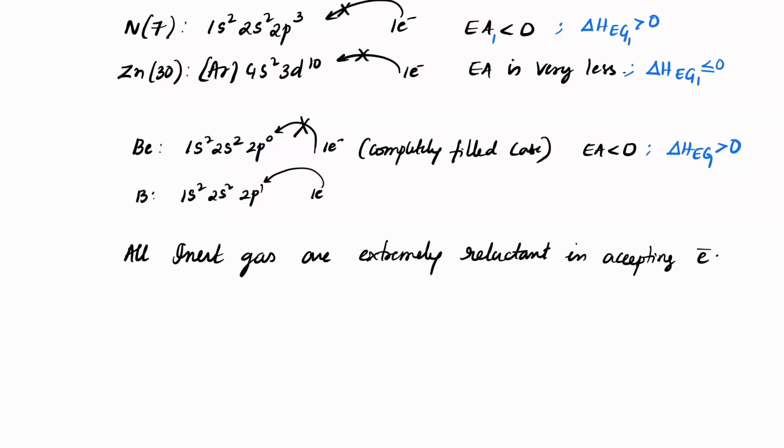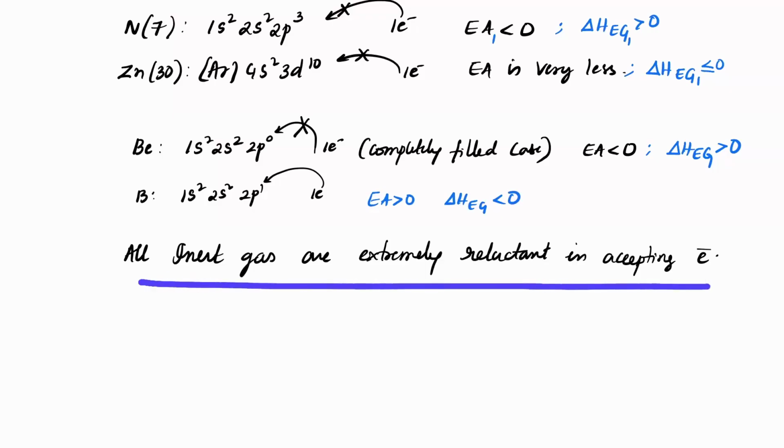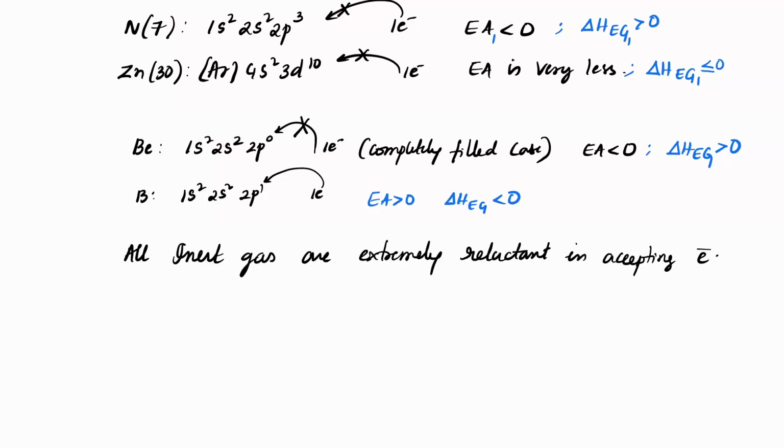But once you get one electron in 2p, adding the second electron is not a challenge. In this case, electron affinity is greater than 0, and electron gain enthalpy is less than 0. And lastly, all the inert gases are extremely reluctant in accepting electrons because their octet is completed. They are very stable atoms. They would not be ready to accept any electrons into it.